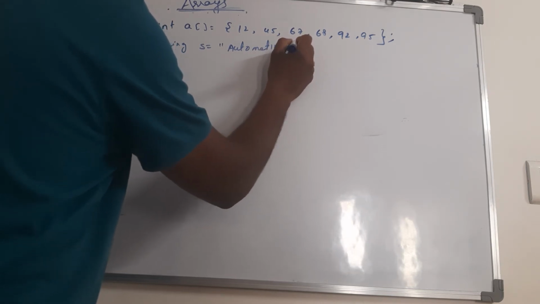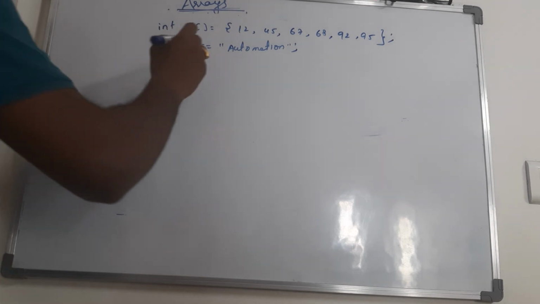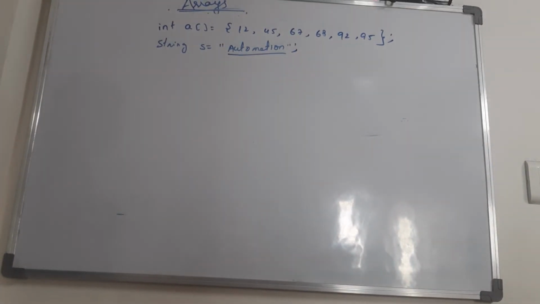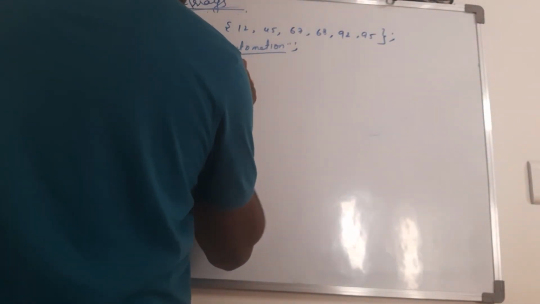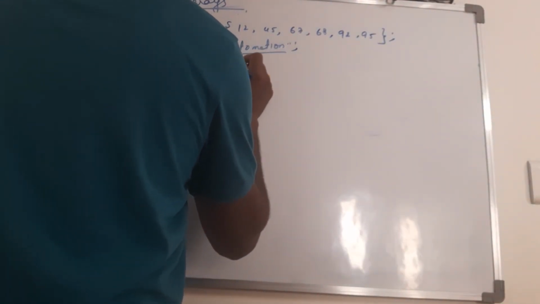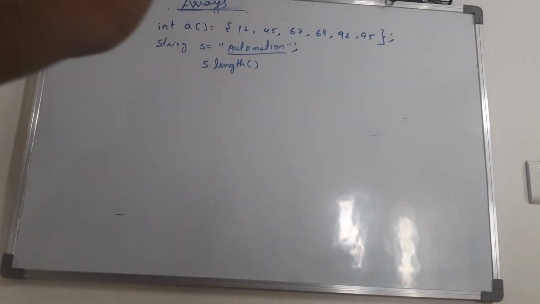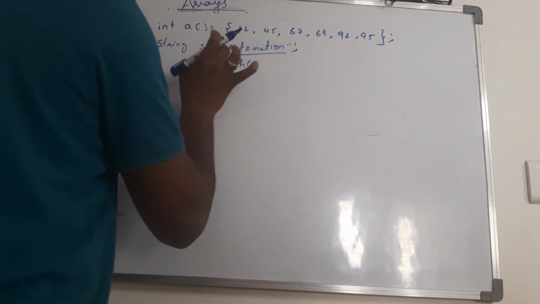I want to find how many characters are there in the string. For that there is a method. Length is the method, so s.length() finds how many characters are there in the string.